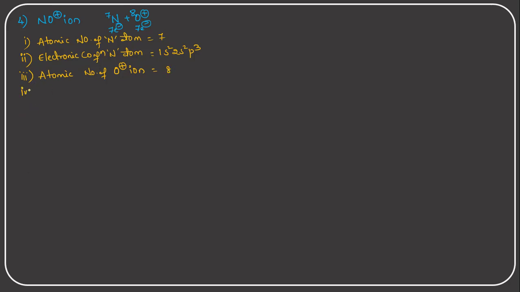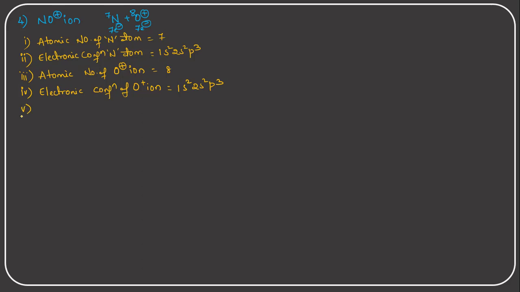And the fourth point is the electronic configuration of the oxygen plus ion. Since it lost one electron, the electronic configuration is 1s2, 2s2, 2p3.